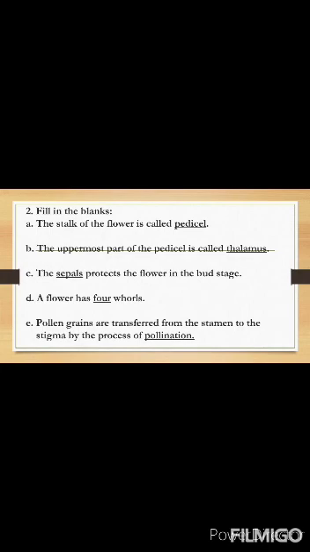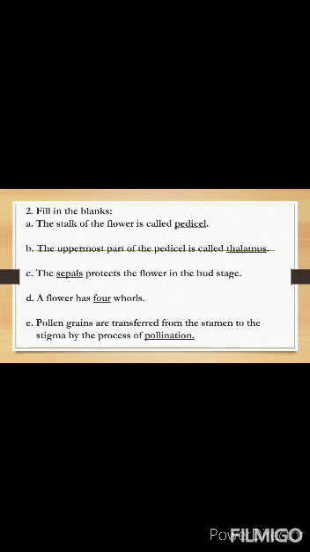Fill in the blanks. The stalk of the flower is called a dash. Answer is pedicel. Next, the uppermost part of the pedicel is called a dash. Thalamus. Next one, the dash protects the flower in the bud stage.